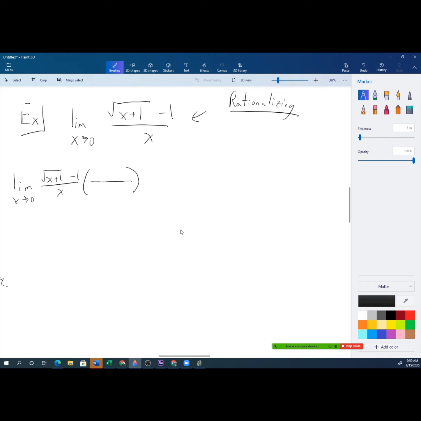Now, this method is all based on a very, very simple idea. It's based on your difference of squares. But what's different about it is our terms might be a little bigger and uglier than we're used to them being.